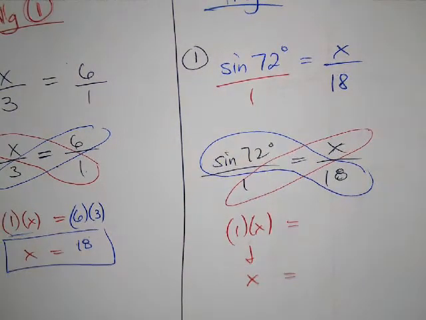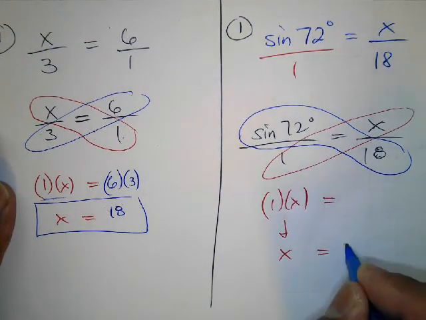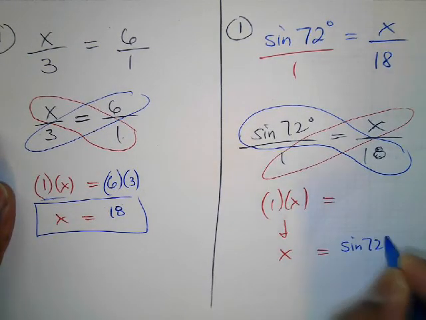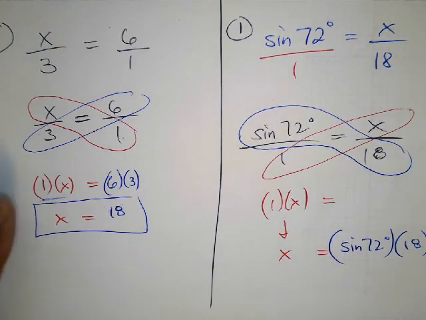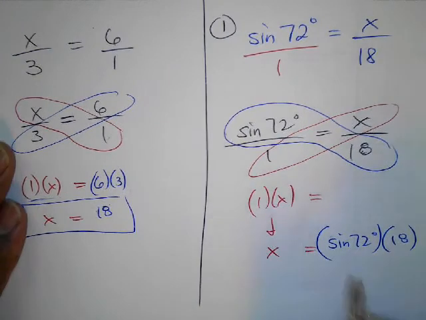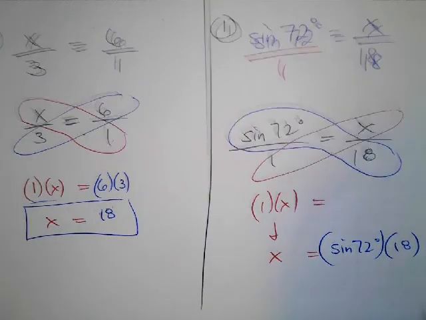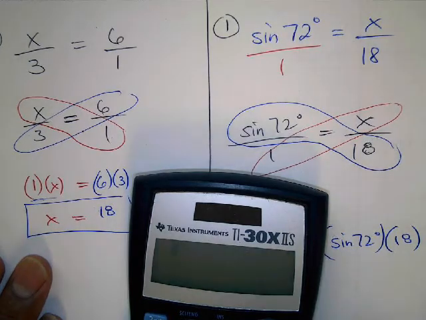Okay, that's not what's going to happen now, right? This is from before. These are the problems you've been doing up till now, right? So this would be sine of 72 times 18. And see here, x is already alone. Okay. And you will have, well, x is equal to whatever.